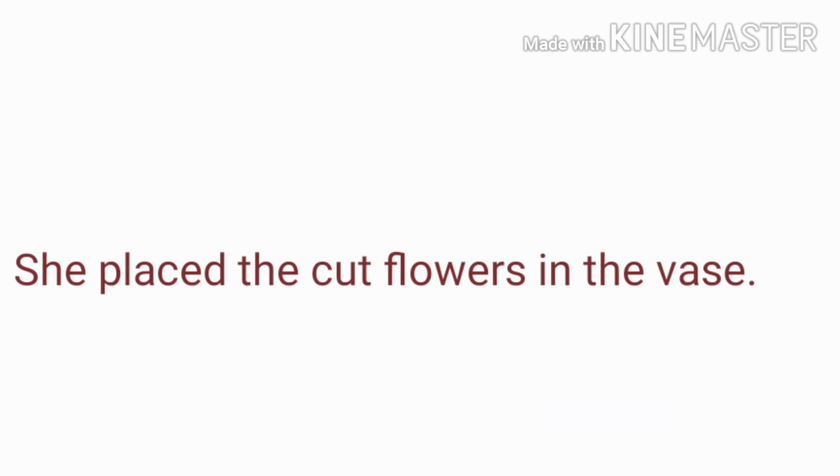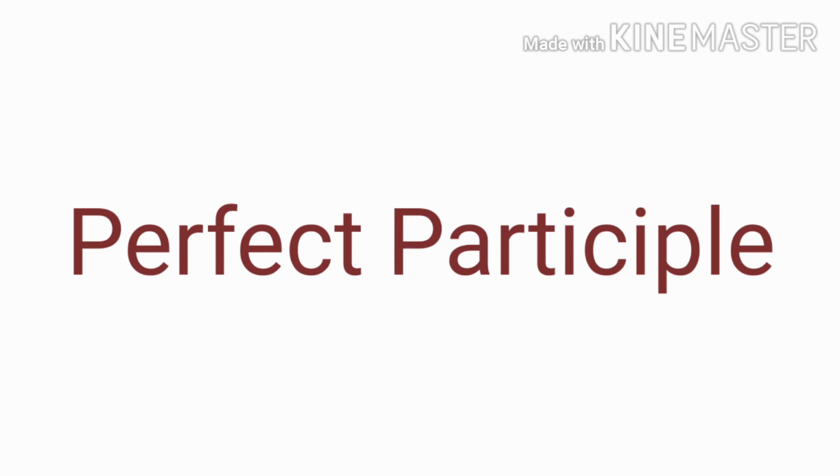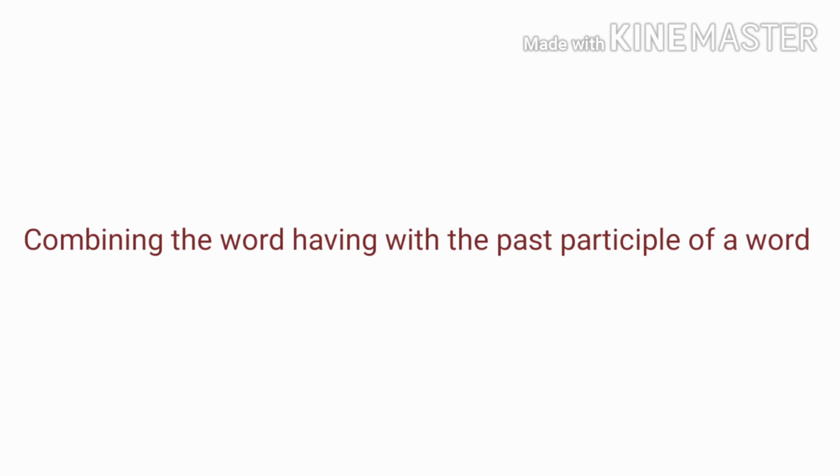What's the meaning of perfect participle? Combining the word having with the past participle of a word. Example, having slept. If you have seen having plus slept, that will be the perfect participle.